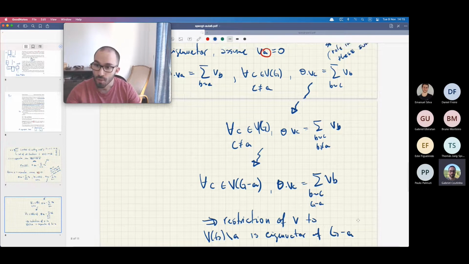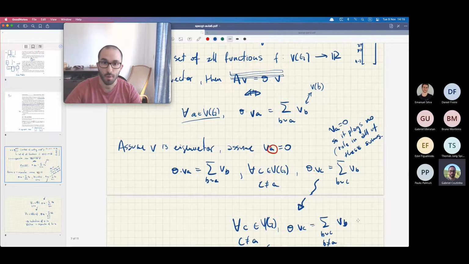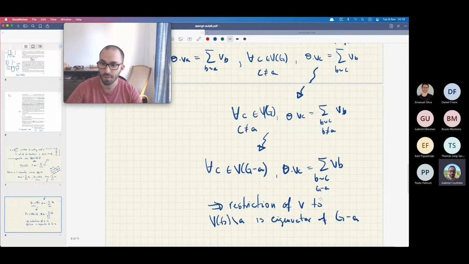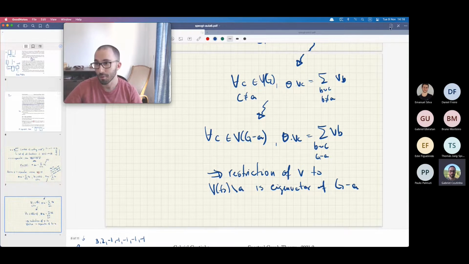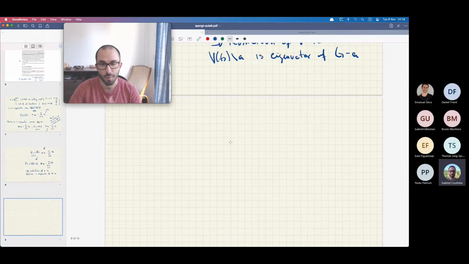Again, this is the right way to think about this. But if you do not like it, you can also think of the matrix product way. It's equivalent.